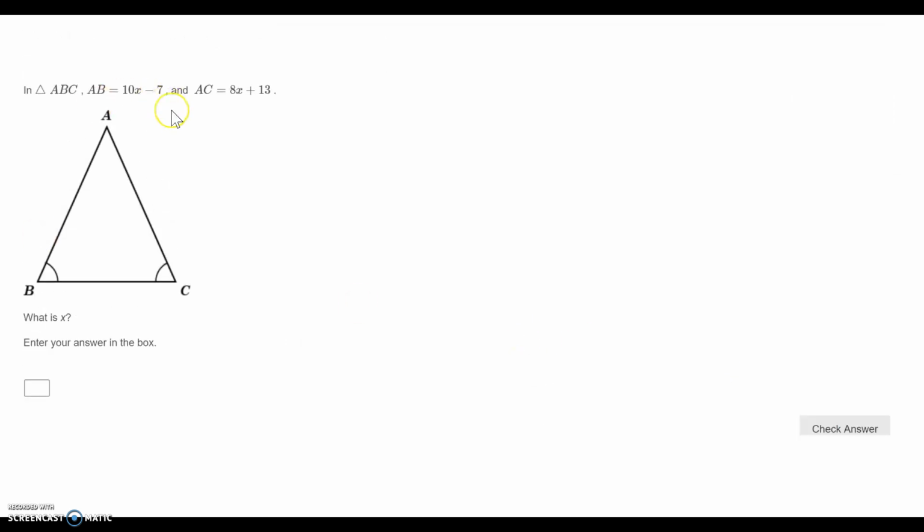Alright, so now we have side AB is 10x minus 7, and AC is 8x plus 13. And we find x by setting these equal to each other.